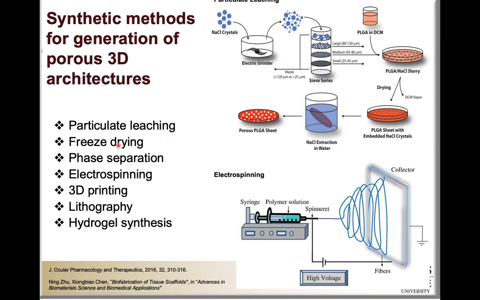Freeze drying is another method. This is also called lyophilization, and it's basically a process where we would create a solution of our polymer in a solvent at a low concentration. We would then freeze that solution and then subject it to lyophilization, which is basically removing the solid solvent directly from the solid to the vapor phase.